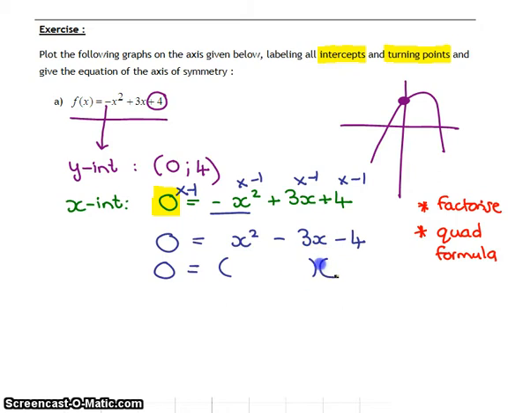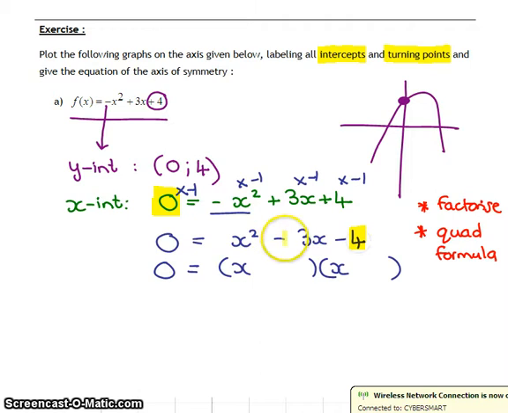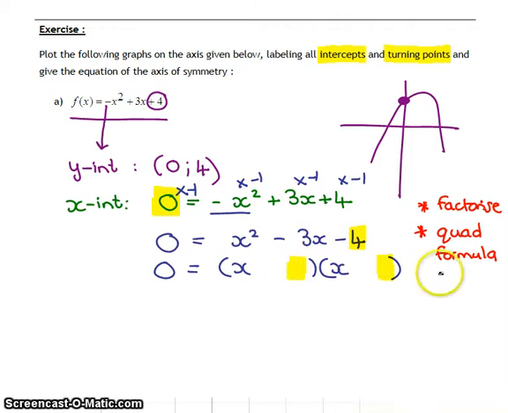Right, my two factors are x and x. I then need to multiply to get a value of 4, which I could either choose between 4 and 1 or 2 and 2. However, when I multiply out and add up my middle terms, I need to get a value of minus 3x.